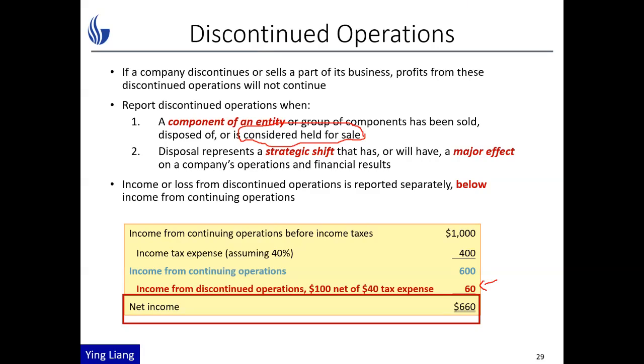Also, in the case that there is a loss from the discontinued operations, right now it's a gain of positive $100. If it is a loss, then there will be an income tax benefit instead of expense, because losses from discontinued operations are tax deductible and would reduce overall taxes owed. That's why it is a benefit.